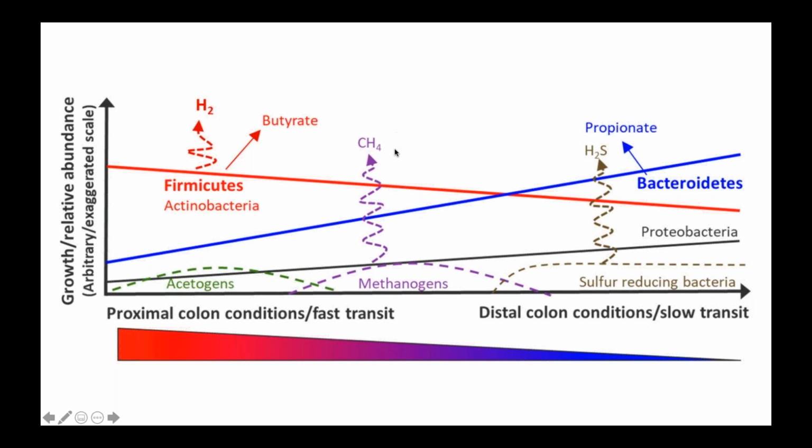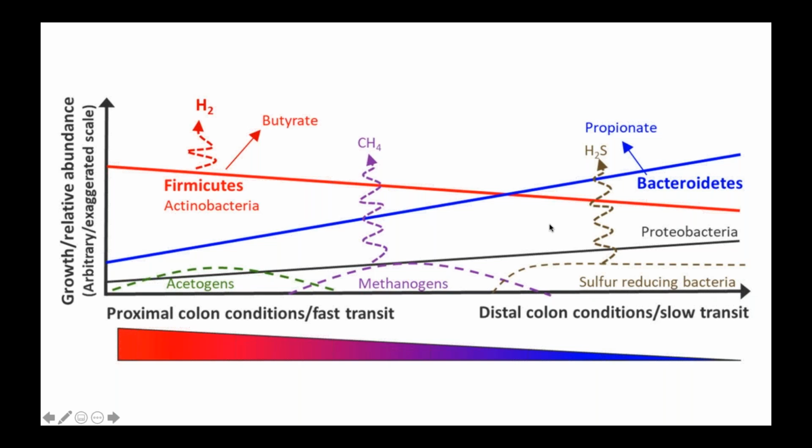So in that process, it's helping to facilitate fermentation. So it's actually thought to be a beneficial process up to a point, because it's facilitating this process that's resulting in production of butyrate. But of course, if that's excessive, if there's too much fermentation, such as from poor digestion, consuming too many carbohydrates, et cetera, or rapid transit, all of those things can lead to an increase in methane production.